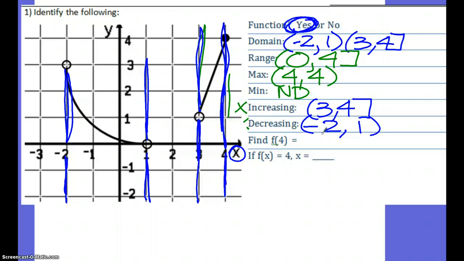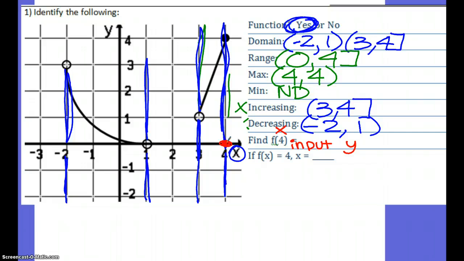Find f of 4. In this one, we are talking about inside. Inside is x because it's the input. That means we're looking for the y value. So if we go to the x-axis and we go to the number 4, we want the y value, the output.